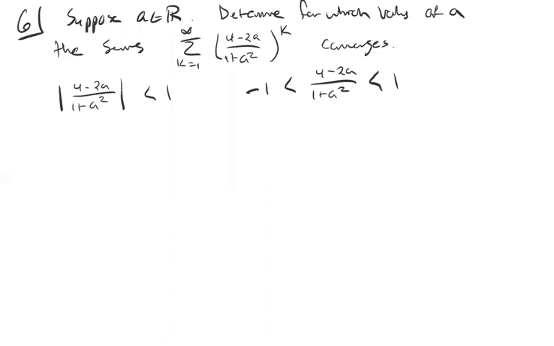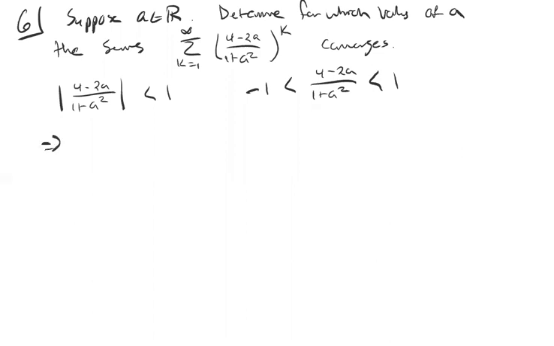So I'm going to multiply all three parts by 1 plus a squared. I can do that without changing the signs because 1 is positive, and then I add a squared, which for all real numbers is either positive or 0. But in either case, the whole denominator is positive.